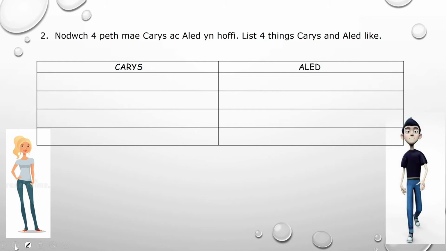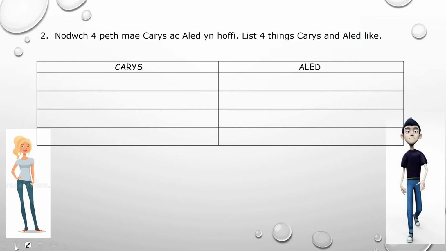You might come across other positive verbs such as enjoy, mwynhau, love, dwlu ar. So if they are using these verbs instead of hoffi, they are still expressing that they like something. So you can include them into the grid because they're being positive about them.